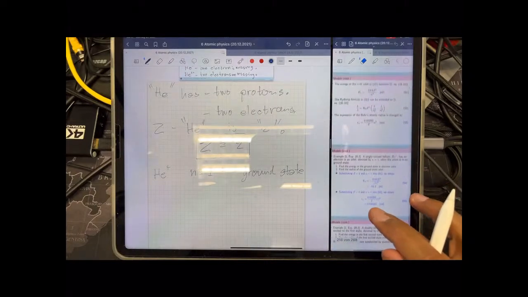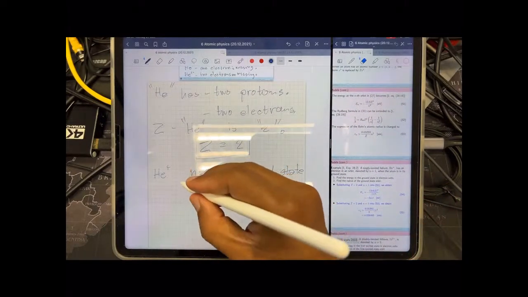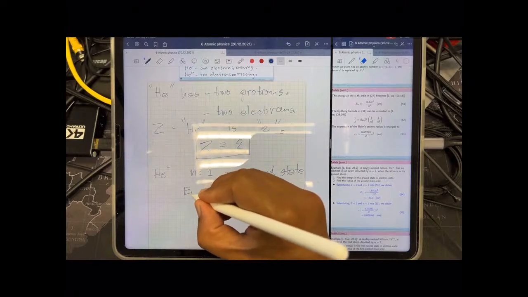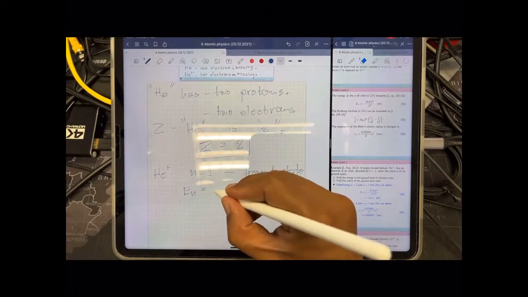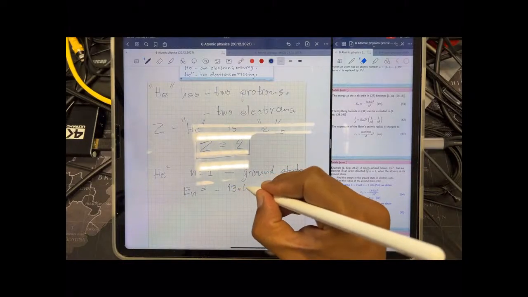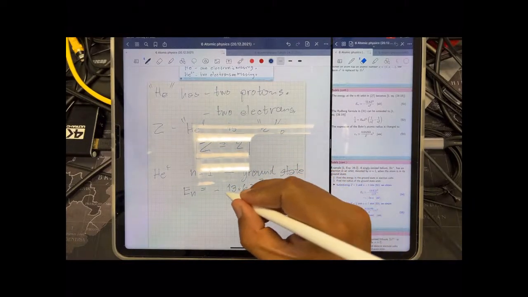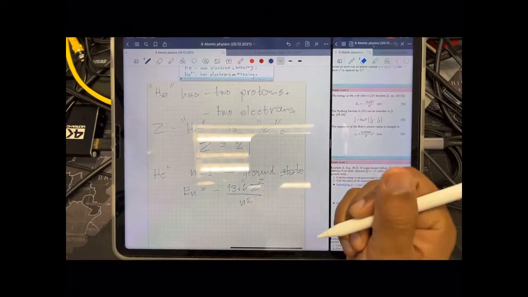The expression for the energy E_n equals minus 13.6 times Z squared divided by n squared.